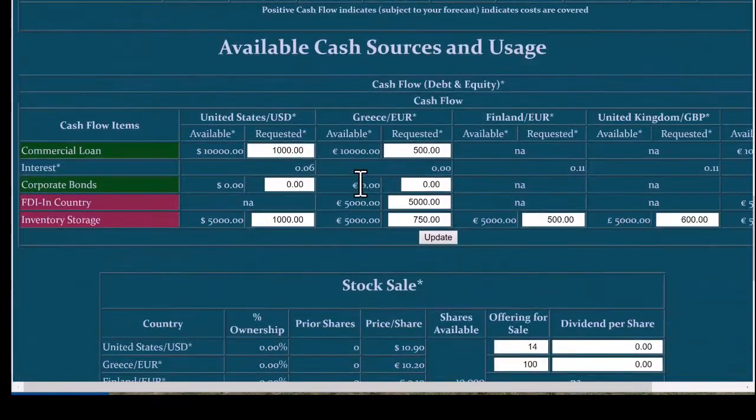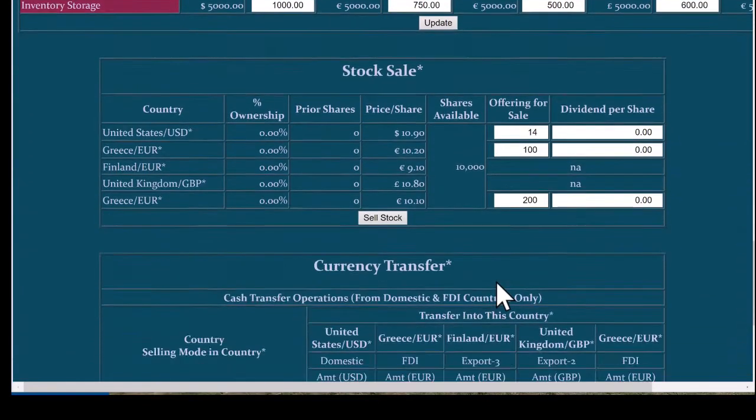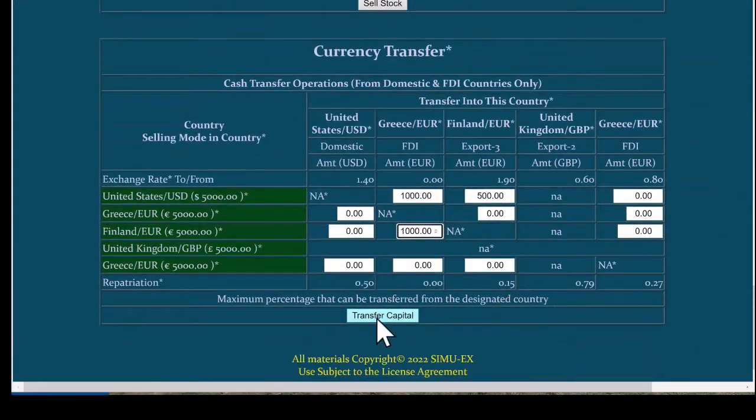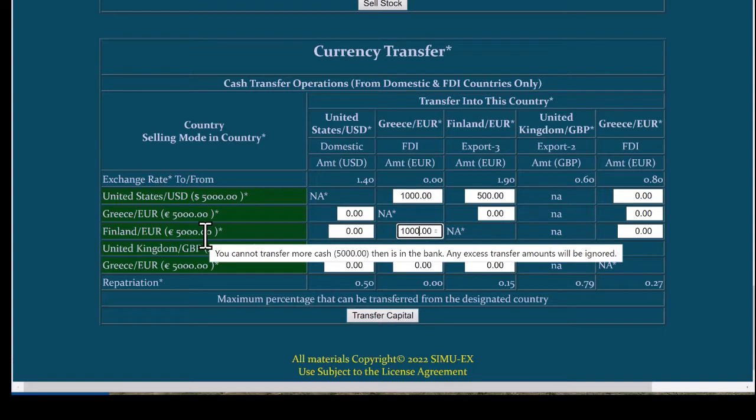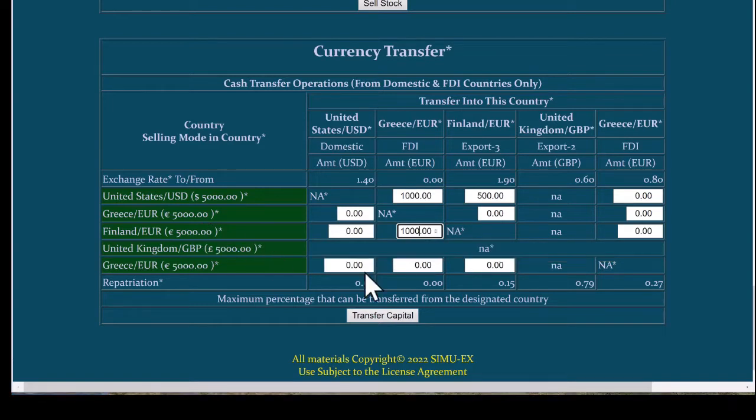So therefore, if you're making a considerable amount of profit, you will not be able to transfer that money from country A to country B. You'll be limited based on the repatriation. So these are the elements and aspects associated with the finance department.